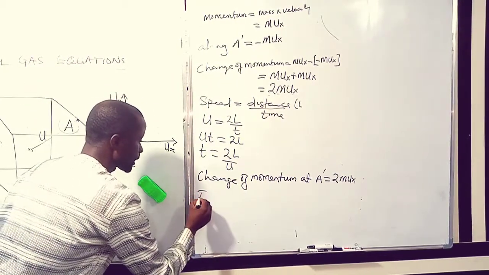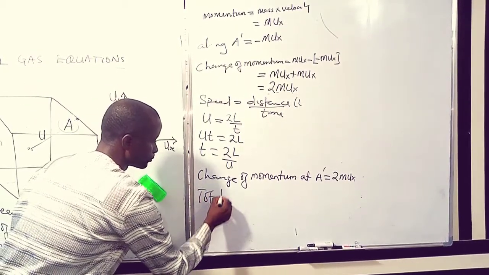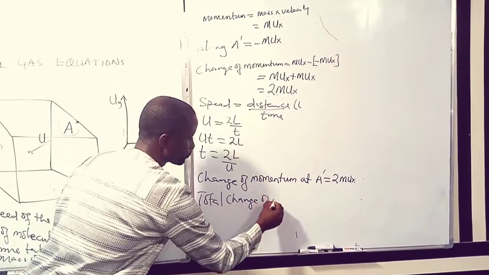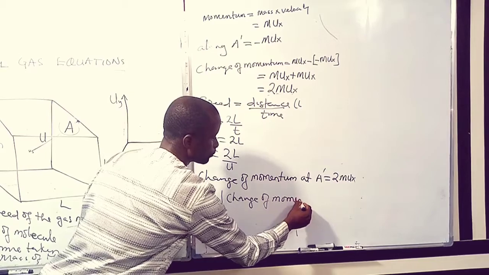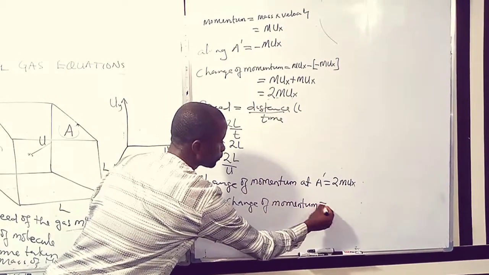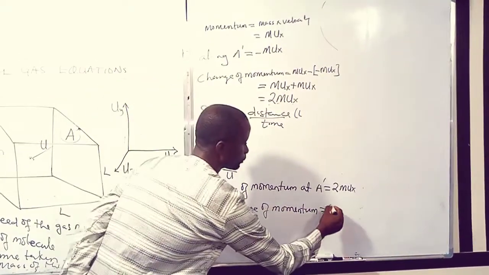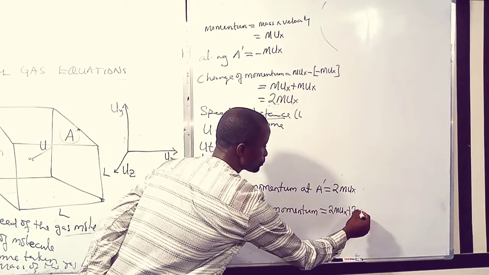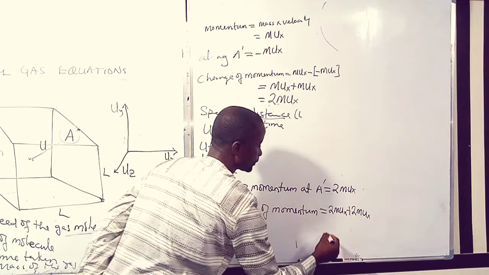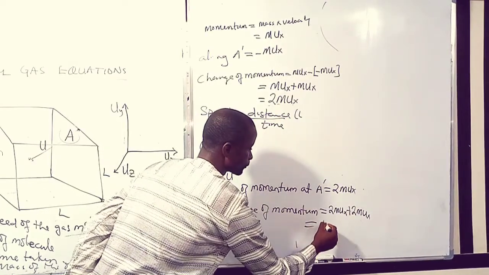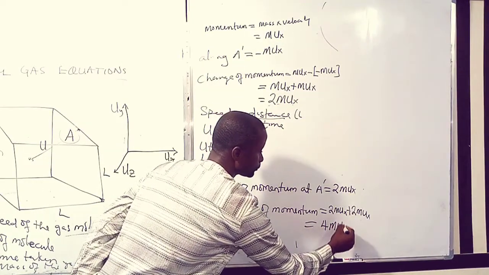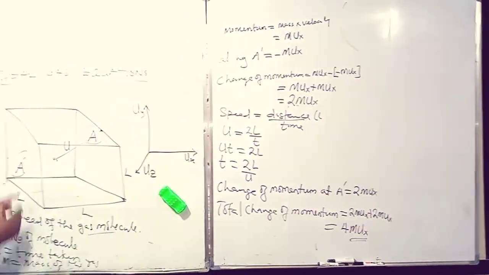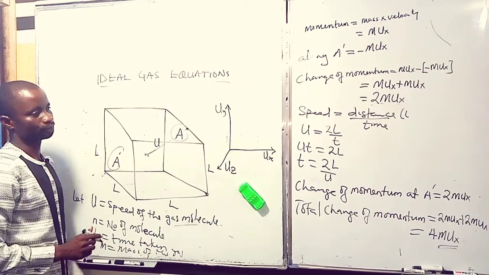We now have the total change of momentum equal to 2mux plus 2mux. Therefore, at the end of the day, we have 4mux. That is the change of momentum in both A prime and A.